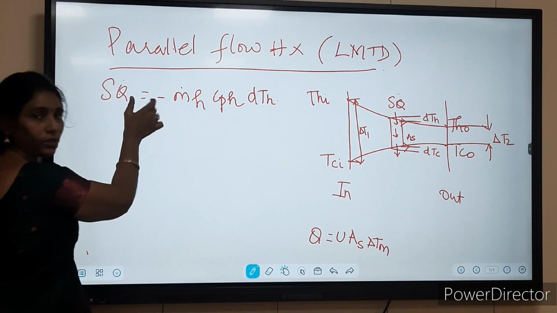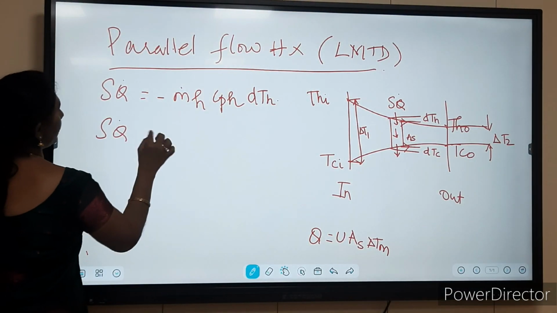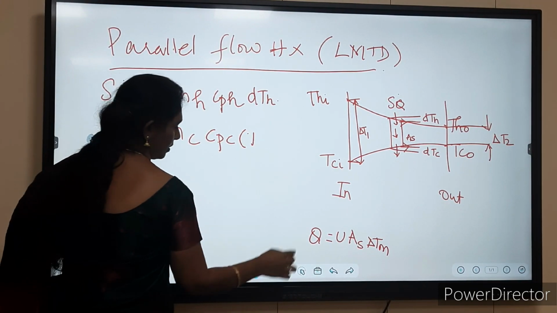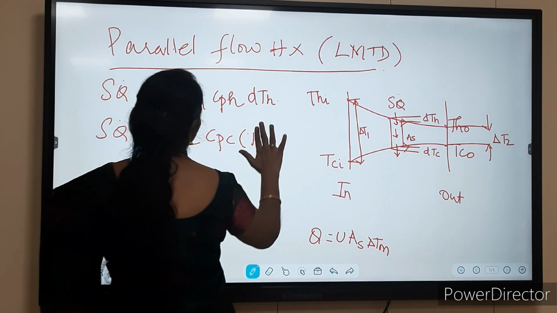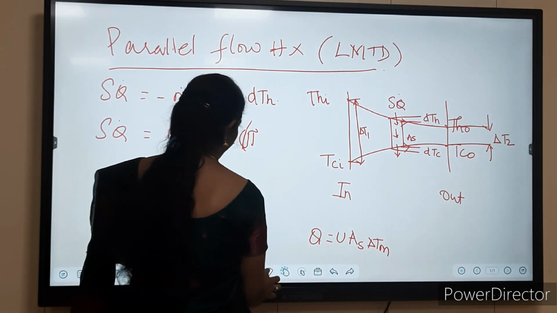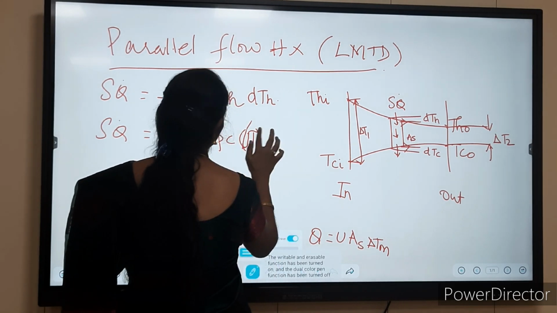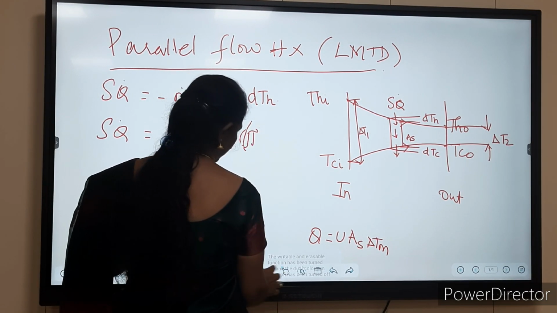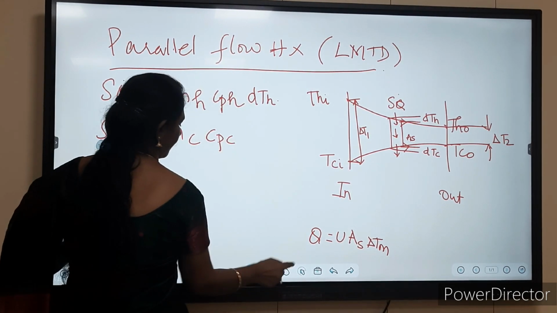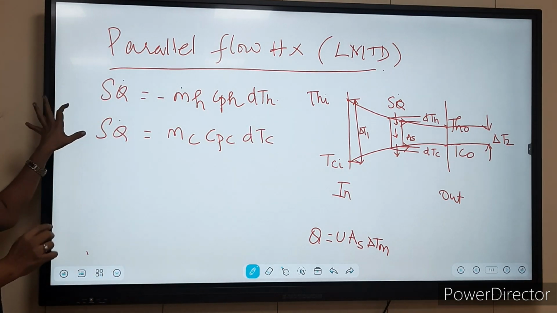So to remove that negative sign, we have inserted a negative sign on the heat transfer. Now I am writing for the cold fluid. Okay, this is the first equation, this is the second equation.